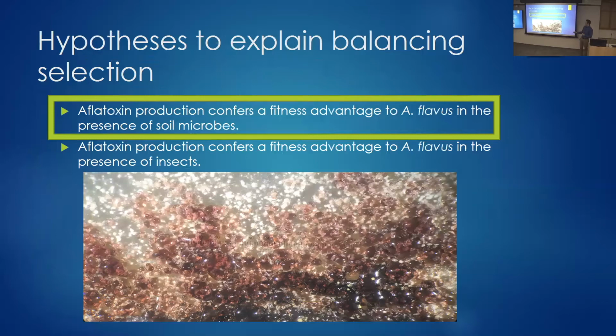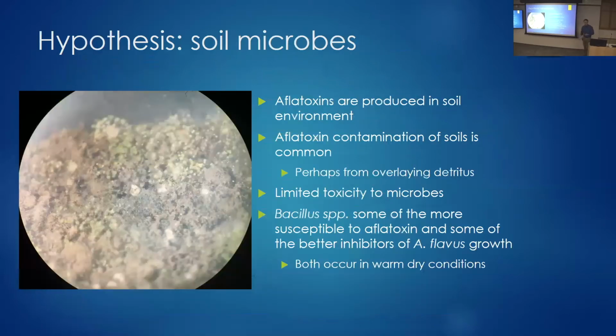Okay, so we're starting with soil microbes. In order to look at soil microbes, we need some of the background. Aflatoxins are produced in soil, which is a good first step if you're hypothesizing that they have a role there. And aflatoxin contamination of soil is common, both in agriculture, where farmers have to bury really contaminated crops and the aflatoxins leach into the soil, but also just because detritus on the soil surface can leach aflatoxins into the soil. So people have found aflatoxins leaching into the soil and also produced in the soil.